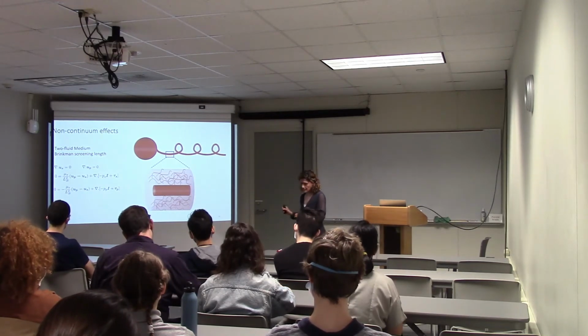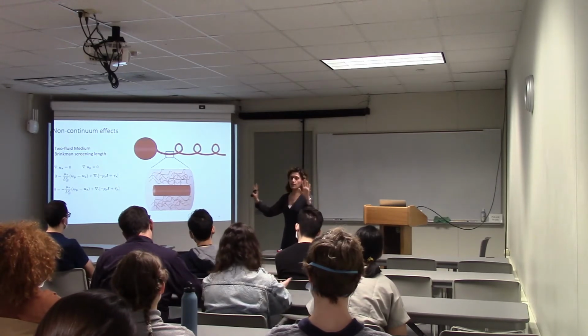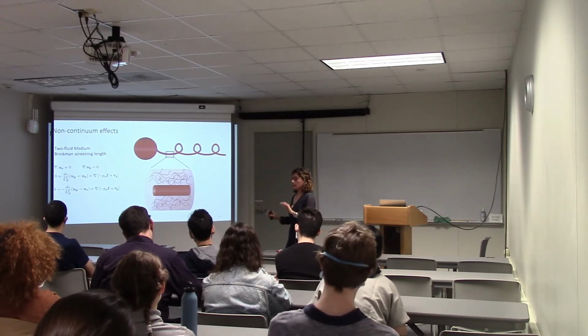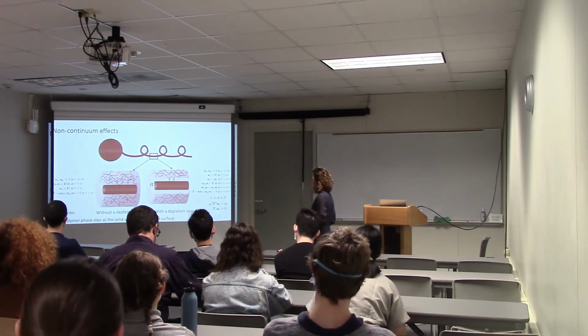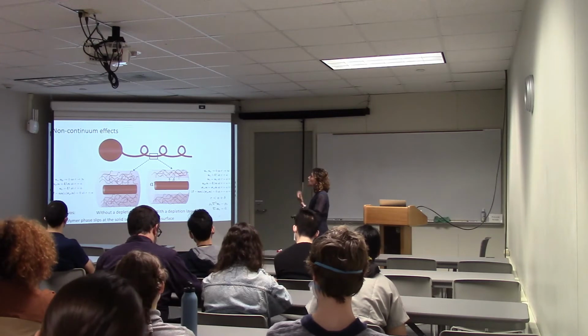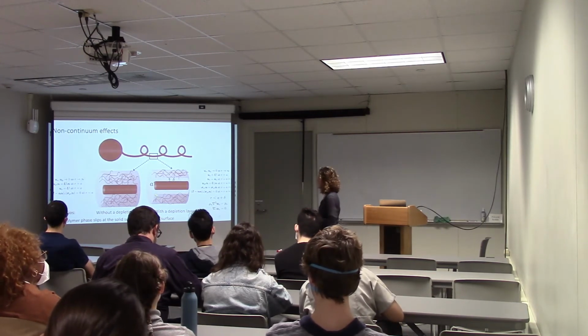What I want to say is that I'm going to assume everything is linear, because my goal is just to address the non-continuum effect. We'll talk about nonlinearity, yield stress, and elasticity later. So we're going to solve those equations, and if everything is linear, we can solve them theoretically.